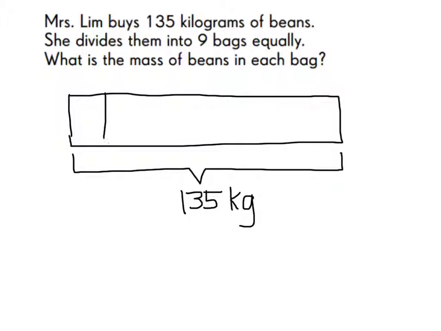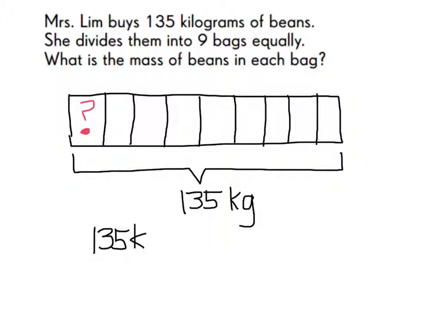What we're going to do is divide it equally into 9 parts, and we want to know what would the mass of one of those bags of beans be. So we're going to divide 135 kilograms by 9 bags. In our next slide, we'll show the division algorithm specifically.